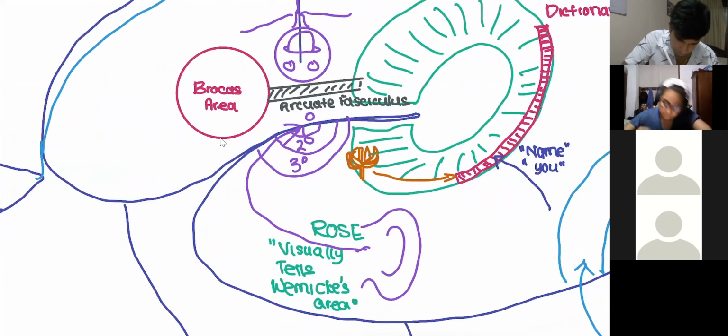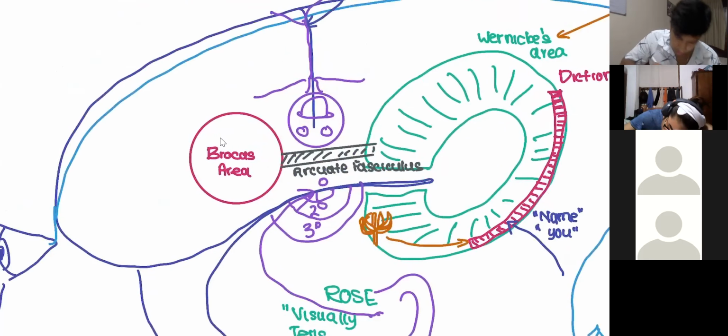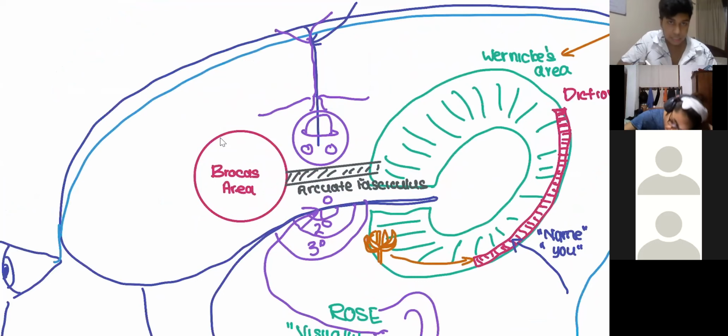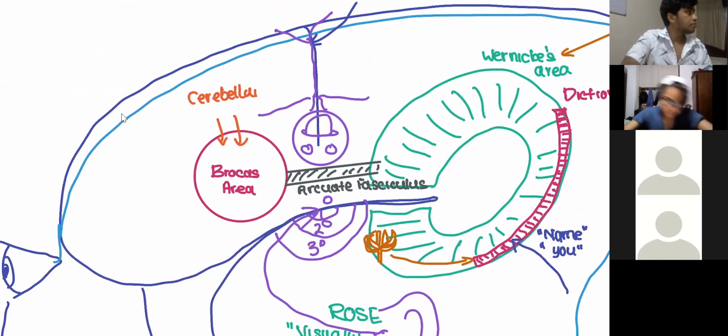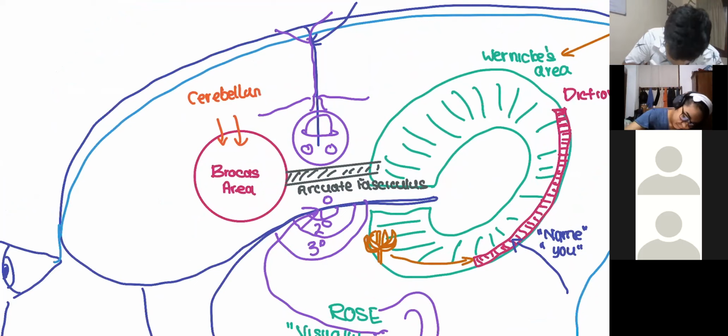Now the Broca's is going to get other fibers. I cannot draw it here, but basically it's going to get fibers from the thalamus and the basal ganglia. They are at the bottom, in this region, but because of the space I will be drawing it from the top. They will also get input from the cerebellum.